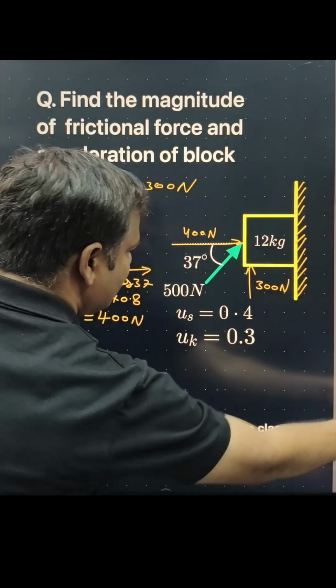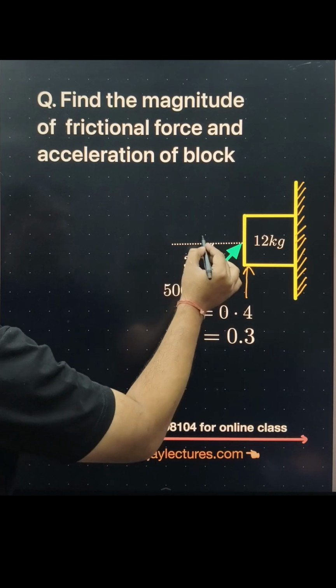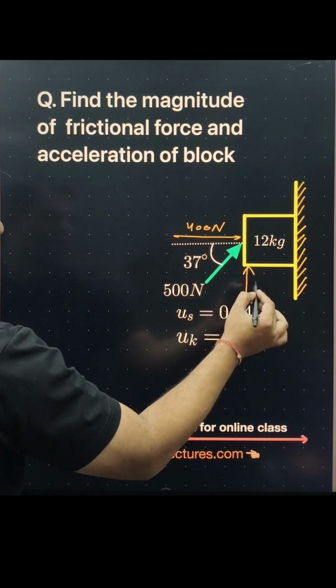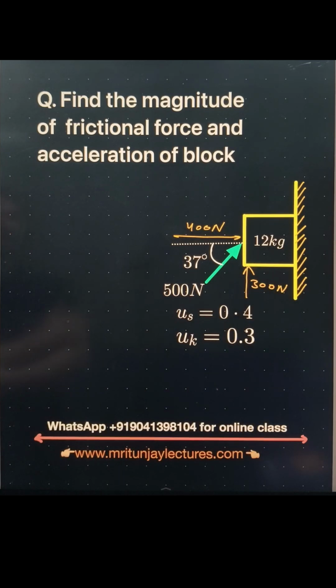So look here, first of all, you can mark here and here: this one is 400 Newton and this one is 300 Newton. Clear? Okay.